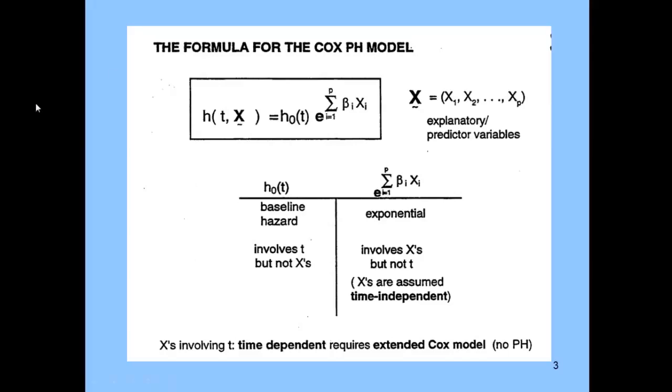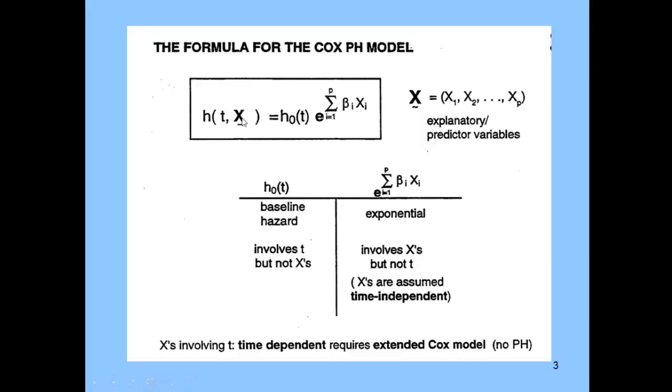So when you're talking about the hazard formula for a Cox model, one of the key issues of interest in doing survival analysis is time, because the key outcome variable is survival time, how long people survive until they fail. So when you talk about the hazard function, you have to talk about h of t, and then you have to talk about this x.